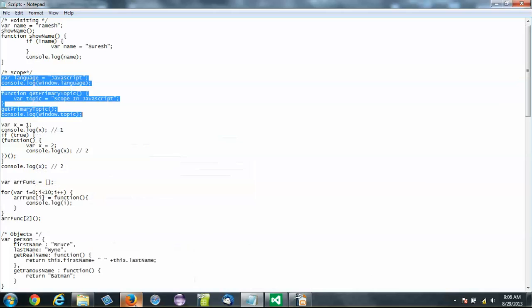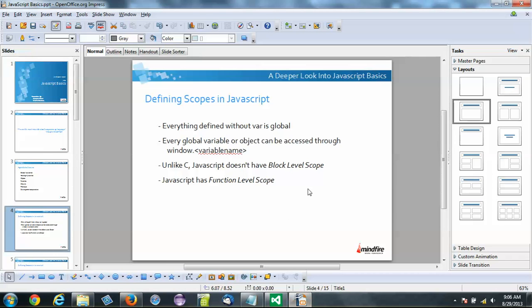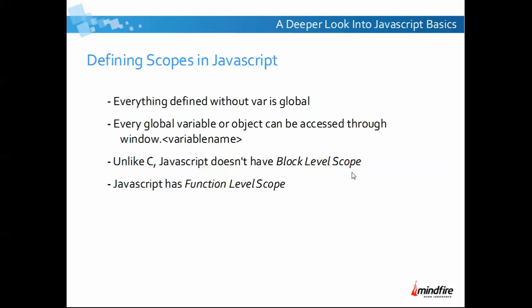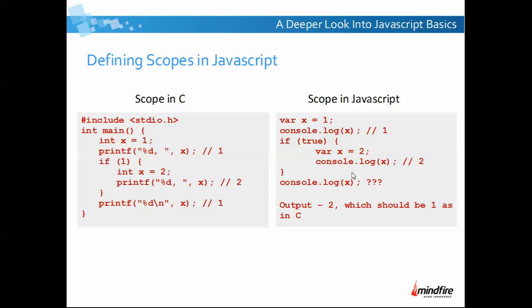And one more example. Now, there are two similar programs written in C and JavaScript. In the first program, we are assigning a variable x equal to 1, and then if it is true, we are assigning a variable 2 and then printing the value.